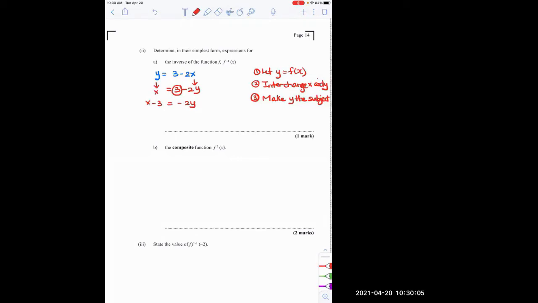Then I multiply both sides by negative 1 to make y positive. So I will get minus x plus 3 is equal to 2y, or 3 minus x is equal to 2y. And we had to divide by 2. So we have y is equal to 3 minus x over 2. Replace y with f inverse of x. So f inverse of x is 3 minus x over 2.